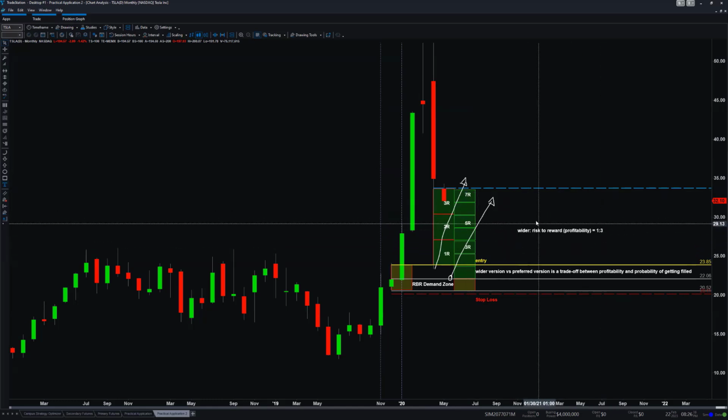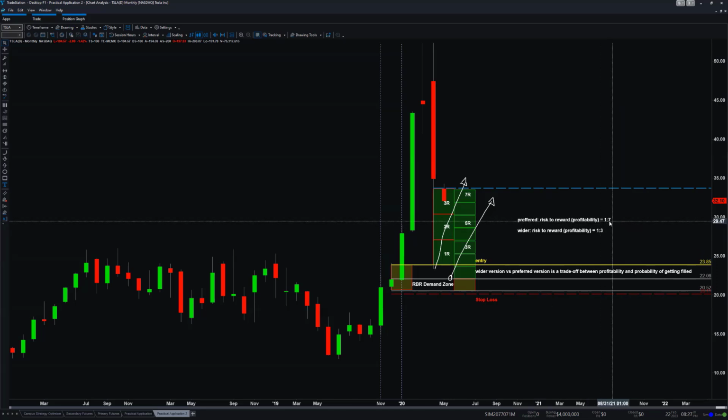Now, on the preferred version, if we're going to put this in writing, our risk to reward, or our profitability, is 1 to 7, meaning for every dollar I risk, I could make $7. If I risk $100, I could make $700. If I risk $1,000, I could make $7,000. Here, if I risk $1,000, let's put some numbers on that.